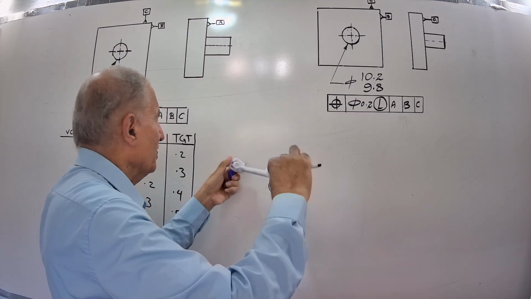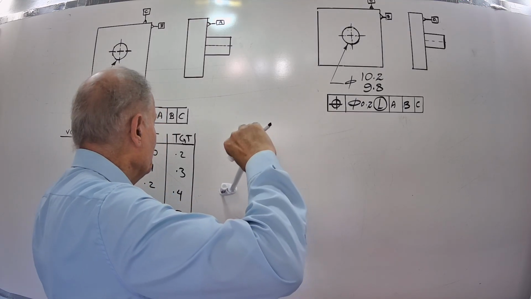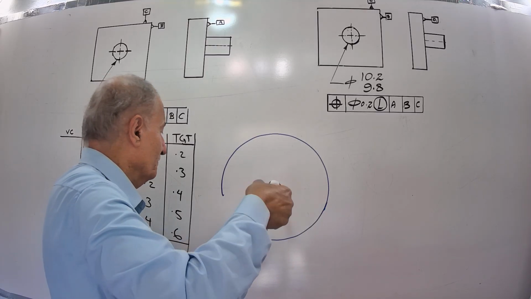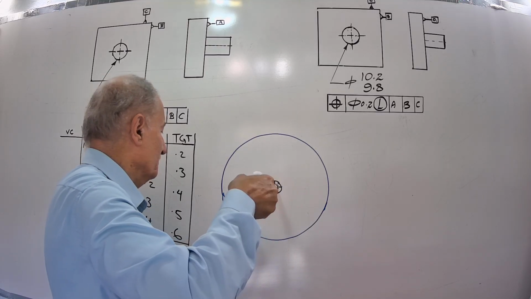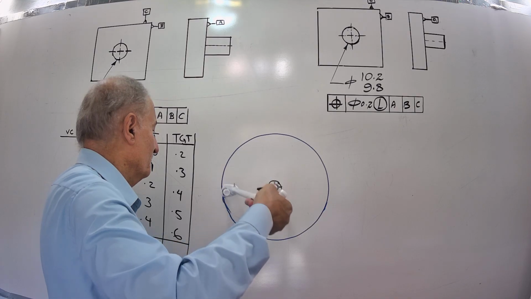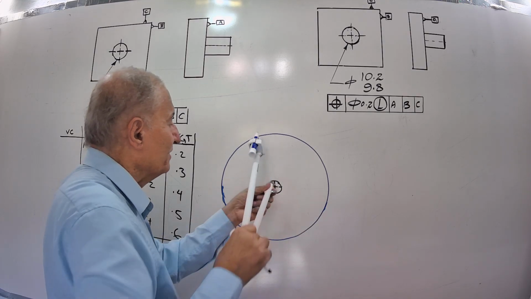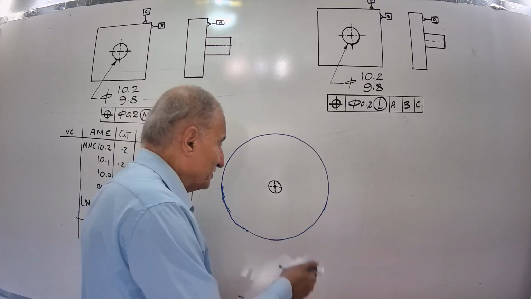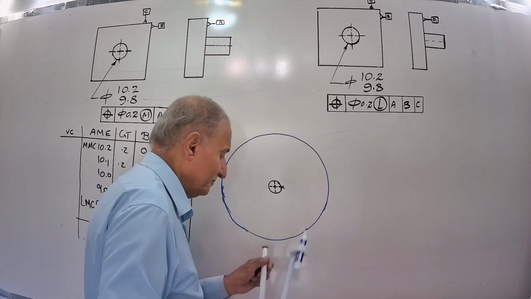This is the size of 10.2. But we know that this size cannot happen because we have error. Assume that center is here.